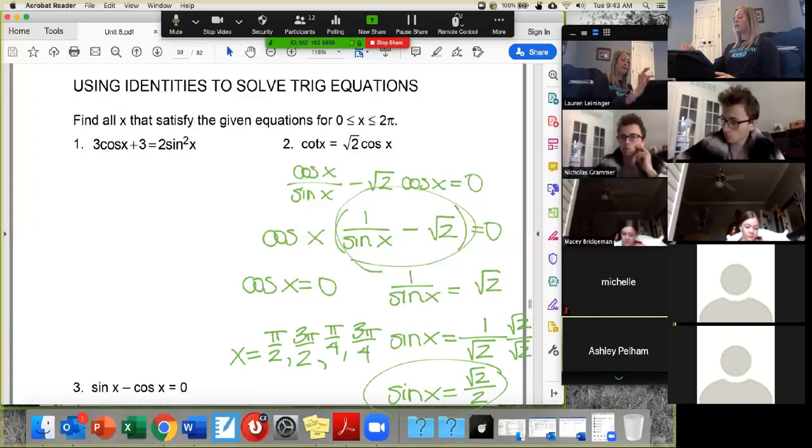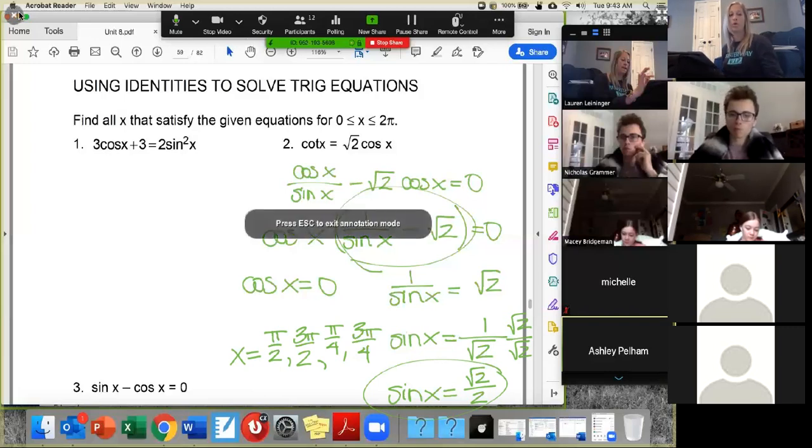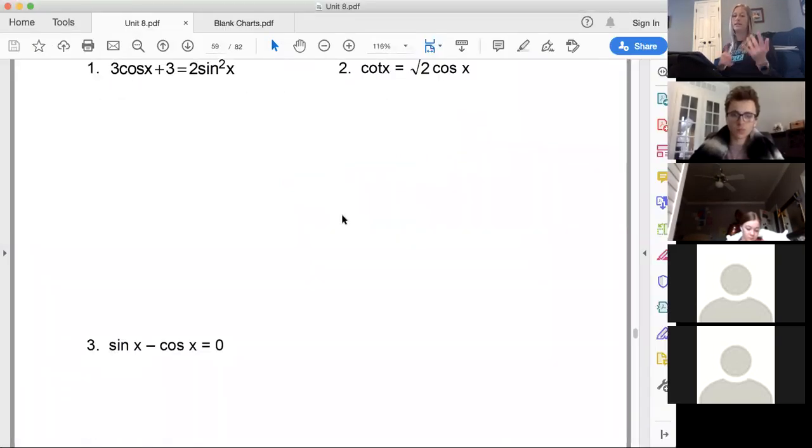Good. What you're going to start to see is the more that you practice with the chart and the unit circle, the more that these are just going to get into your head. There's only so many different answers that we can see. In terms of sine and cosine, you're only going to see 0, 1/2, root 2 over 2, root 3 over 2, and 1. And tangent, there's only a few as well.